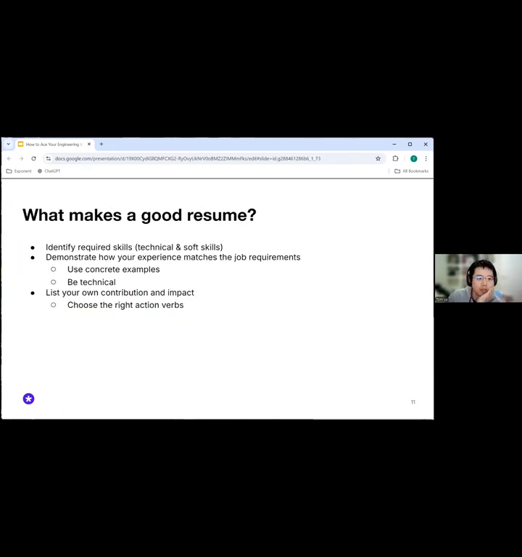Okay, so in general, what makes a good resume? Identify all the required skills, including both technical and soft skills. Demonstrate how your experience matches the job requirement. This means I would prefer not to use a universal resume for all the companies.